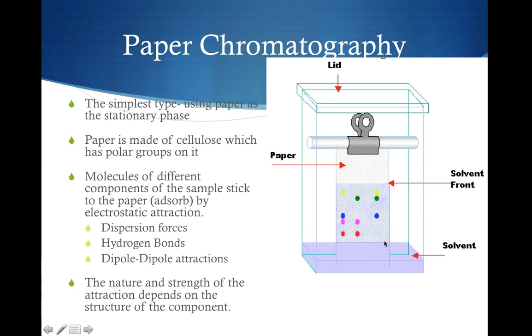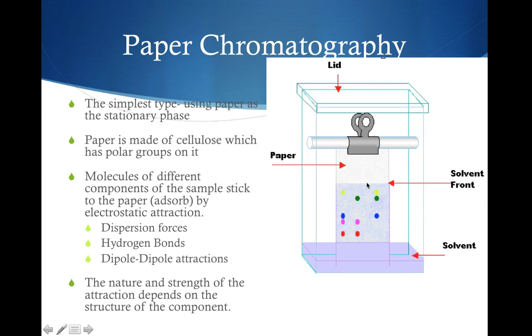That means that they're not going to move very far. If we have those that are very non-polar, they're going to dissolve more in our solvent because we'll have chosen a non-polar solvent, and that will mean that they will travel further up.